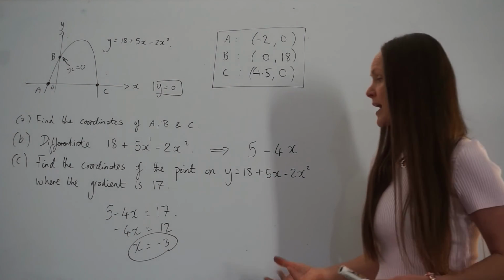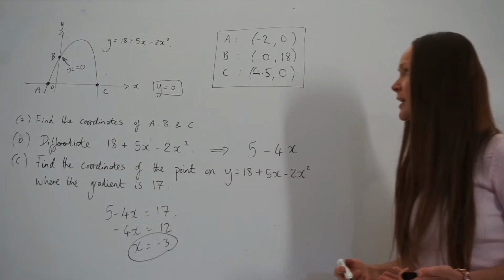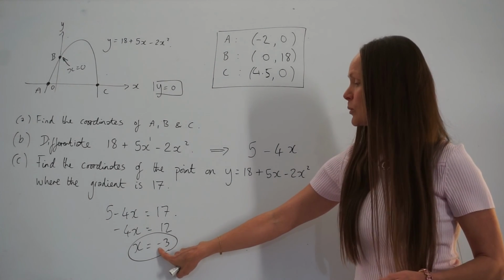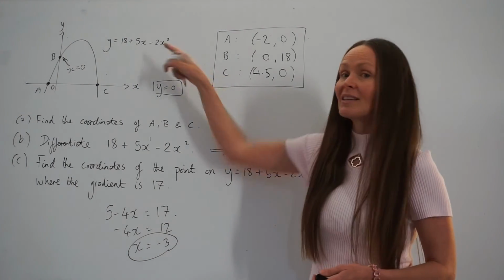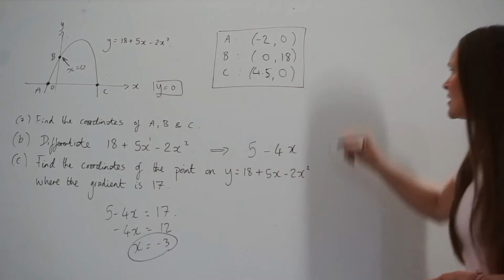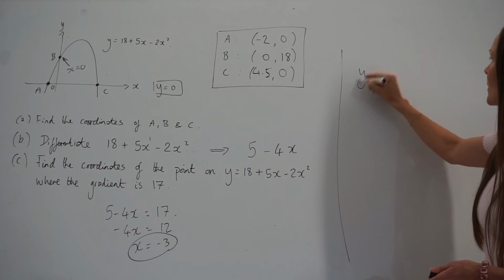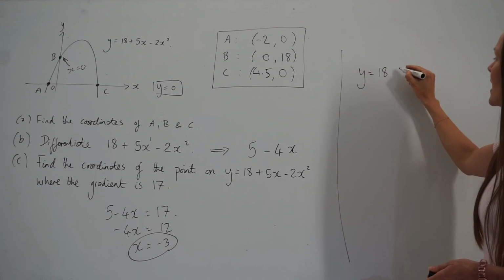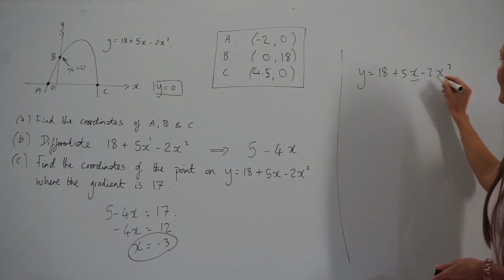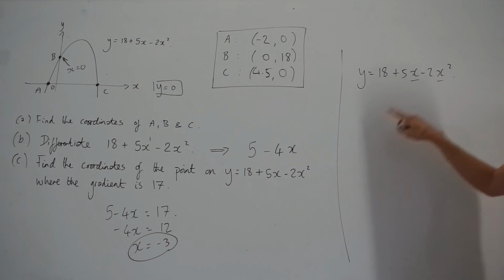So all that's left to do now is to work out the corresponding y value, and just like we were doing earlier, we're taking the x-coordinate and substituting it back into the original equation, in this case to find y, okay? So I'm just going to write out the equation again, so y equals 18 plus 5x minus 2x squared, and I'm replacing those x values here with negative 3, okay?